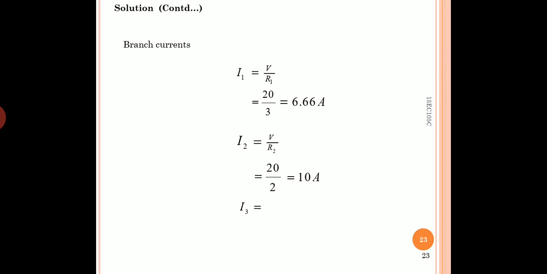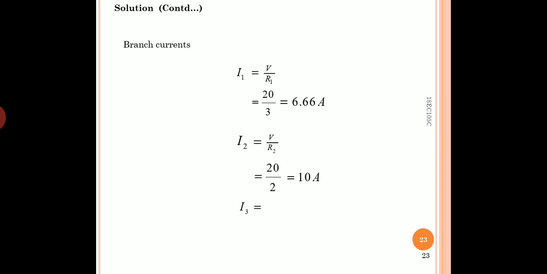Now the branch currents. I1 is equal to V by R1, that is 20 divided by 3, so you get 6.66 amps. Similarly, I2 is equal to 20 divided by 2 ohms, so this comes to 10 amperes.